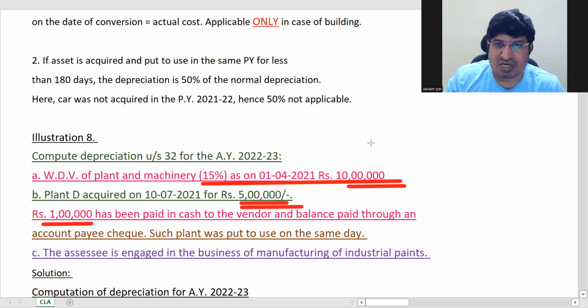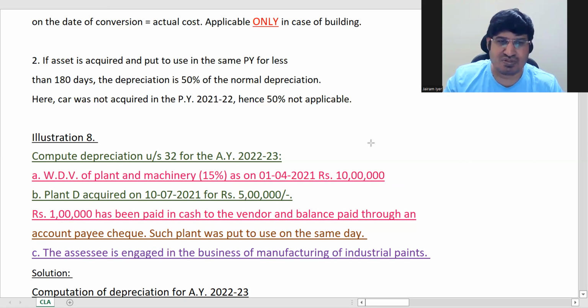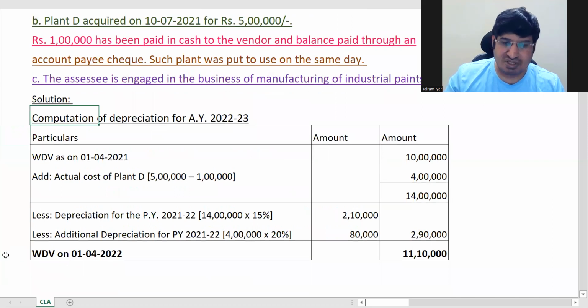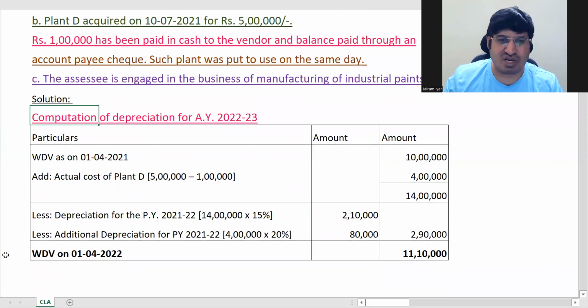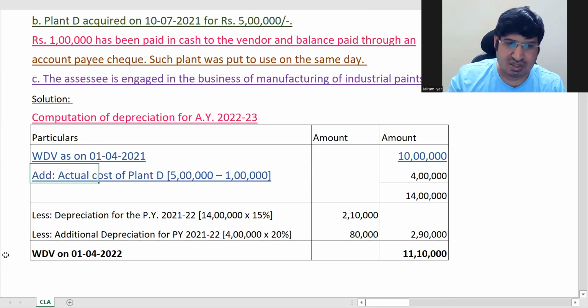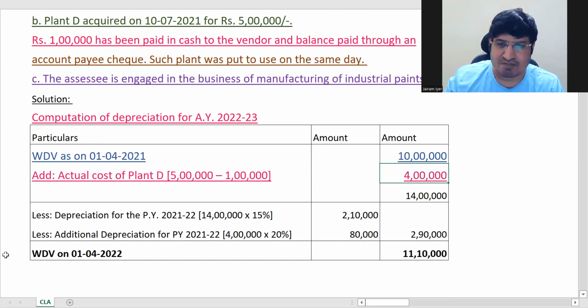So these are the 2 points in this problem. Depreciation for AY 22-23: opening given as 10 lakhs, actual cost of plant D is 4 lakhs. 10 plus 4 added, it will be 14 lakhs.